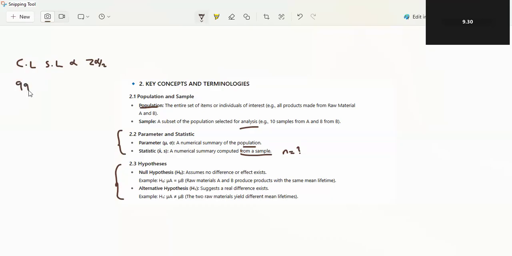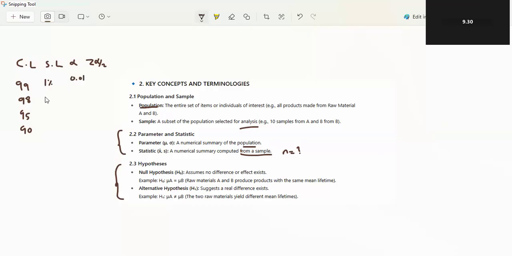99, then what level follows? 98, then 95, then 90. The difference from 100 is what we call the significance level. So what is the significance level of 99? 1% or 0.01 when you divide it by 100.